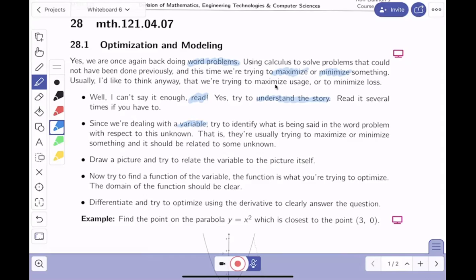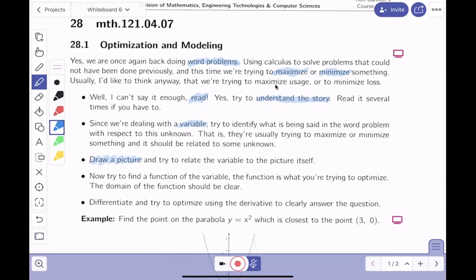There's some unknown. They're usually trying to maximize or minimize this thing, typically as a function. There's some variable and it's related to something by a function. They're generally trying to minimize or maximize a function of a variable. I'm also going to claim that drawing a picture may be helpful.